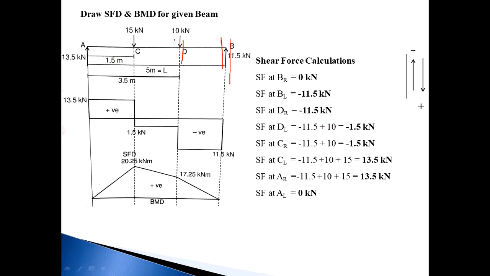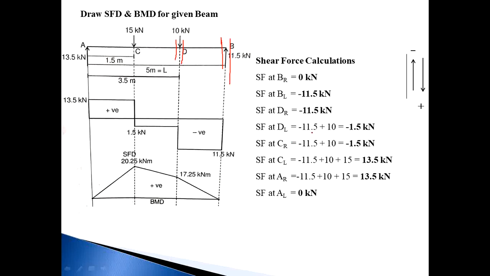Then next consider DL, which means just the left side of D, and once again consider the right side of this section. So the forces on the right side of this section are 10 kilonewton and RB. RB going upward is minus, 10 kilonewton going downward is plus.